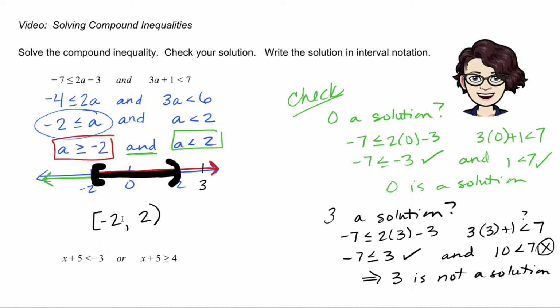That implies an infinite amount of numbers. It doesn't mean that there are only 2 solutions. That means everything that can possibly be graphed on this number line, -1/2, -0.11111, 1.9999, those are all solutions to this compound inequality. Every number between those. Okay.